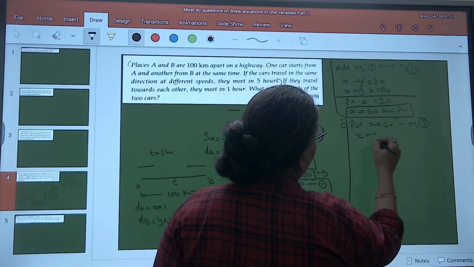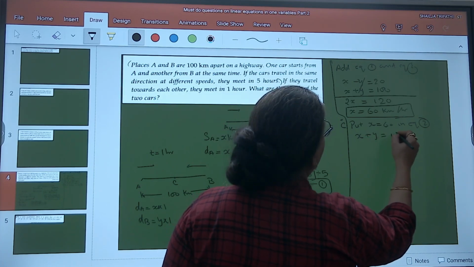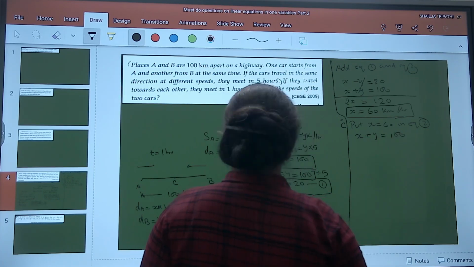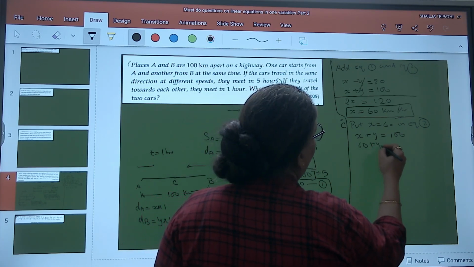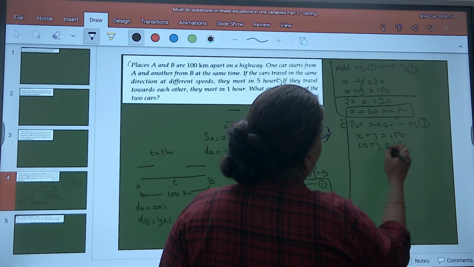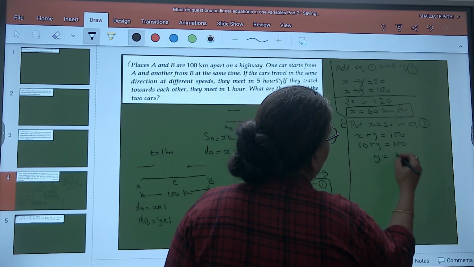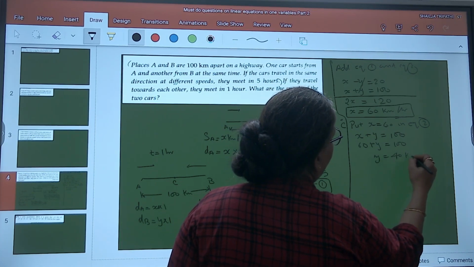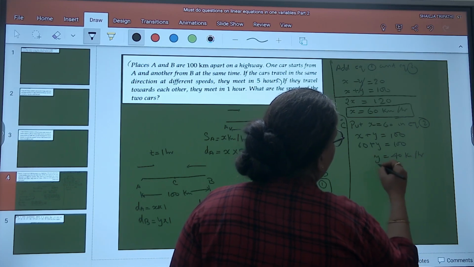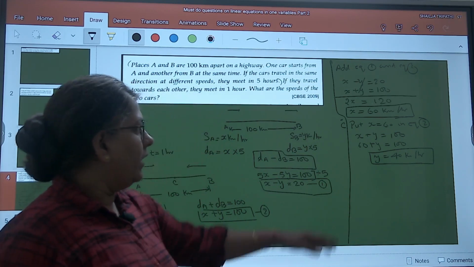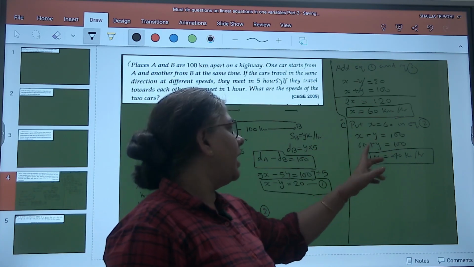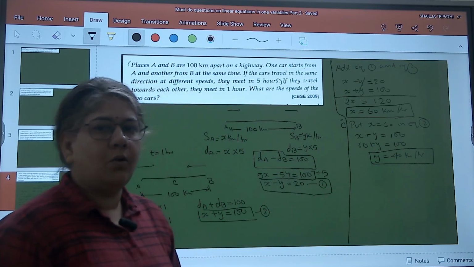This is our equation number 2. That is 60 plus y is equal to 100, or y is equal to 40 kilometers per hour. So these are the speeds of car A and B. A is traveling at 60 km per hour and B is traveling at 40 km per hour.